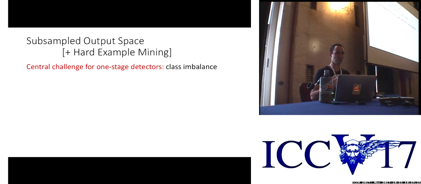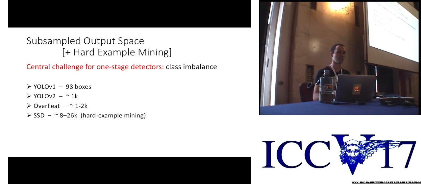So the view to have here is that class imbalance is really the central learning challenge for object detectors. And one-stage systems have typically addressed this by subsampling the space dramatically. So for example, YOLO considered 98 boxes, the second version considered about 1,000, OverFeat considered roughly, I think, around 1,500 boxes, and SSD, the single-shot multibox detector, considered somewhere between, say, 8 and 26,000.